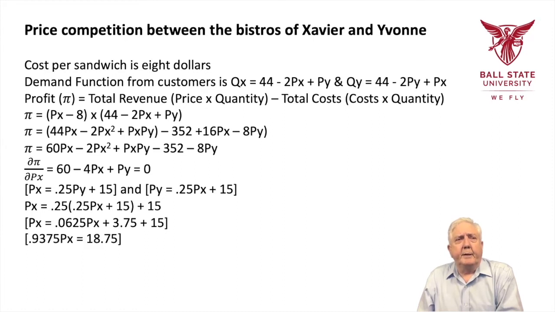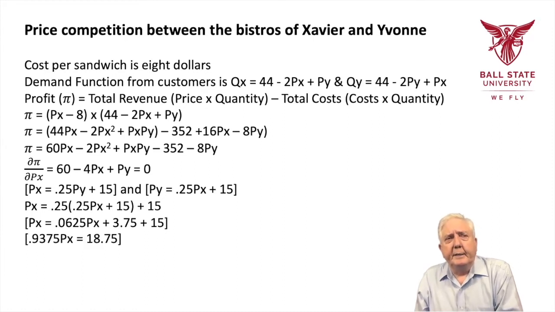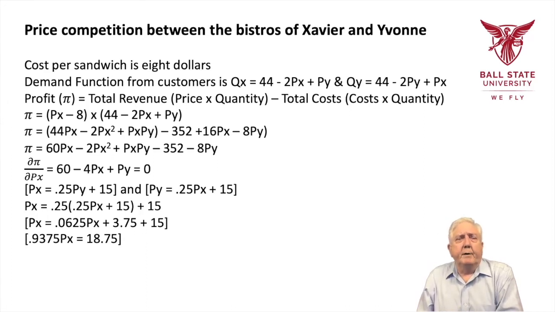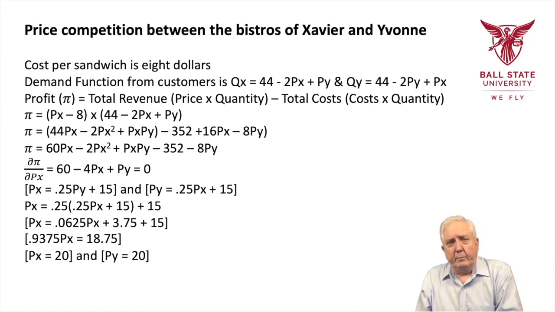And further simplification gives us 0.9375 px equals 18.75. And we divide both sides by the 0.9375, and we get px equals 20. And of course, py equals 20. So the price that the two bistros should charge is 20.